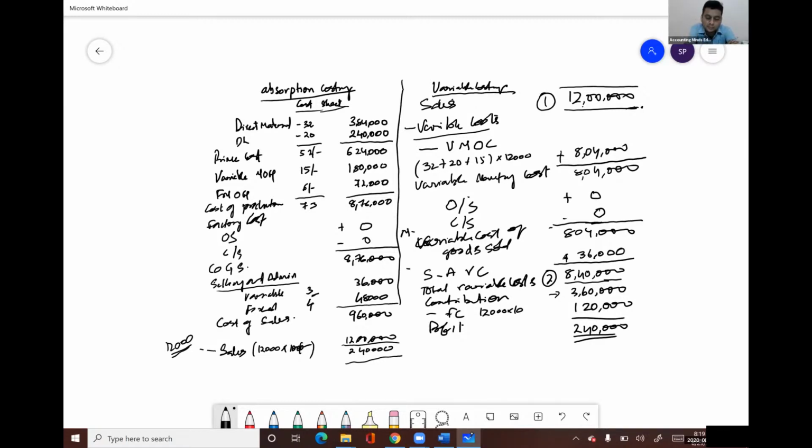Now, what is the profit under absorption costing? 2,40,000. What is the profit under variable costing? 2,40,000. So, is there any difference between these two? No, sir. Both the costings give us the same answer.